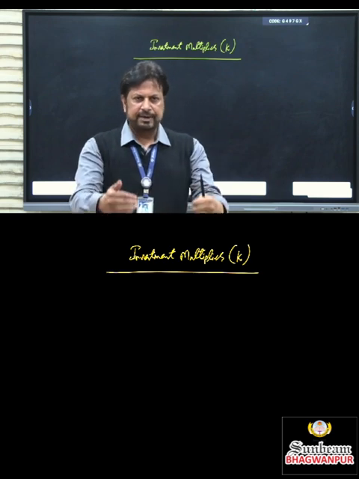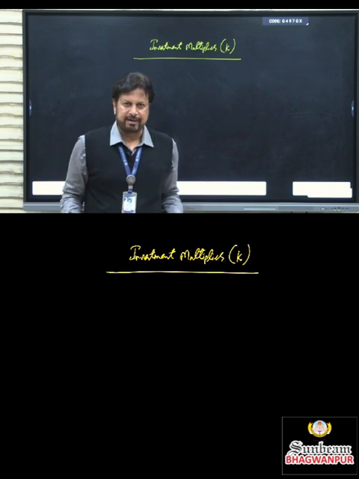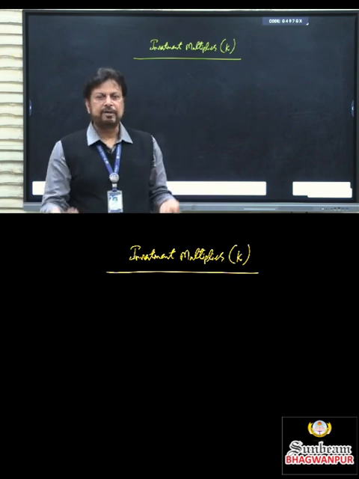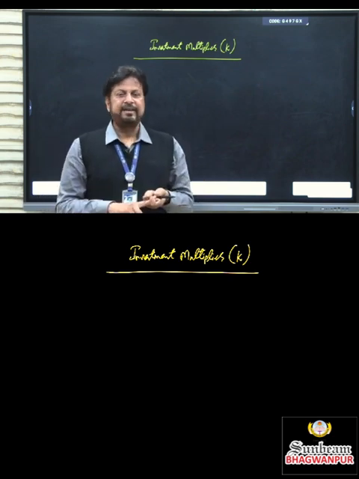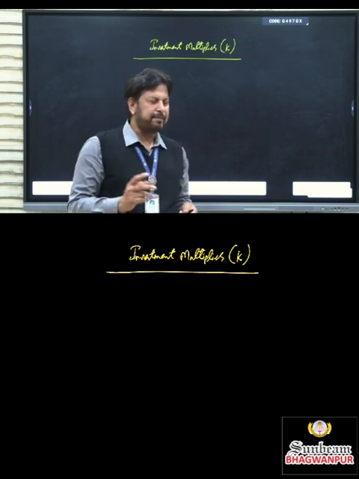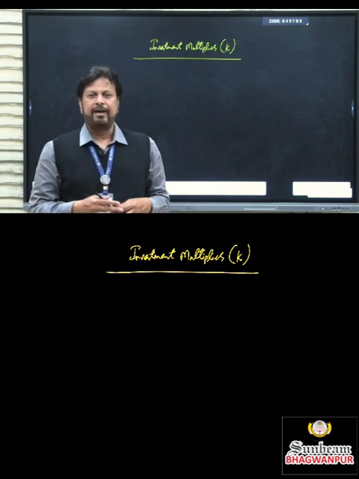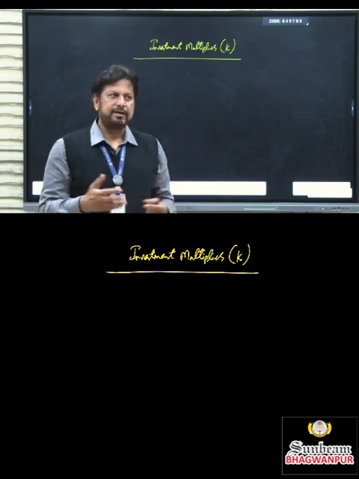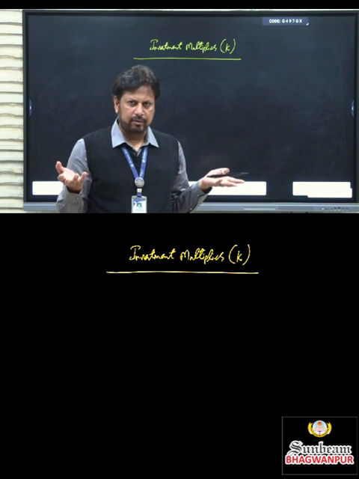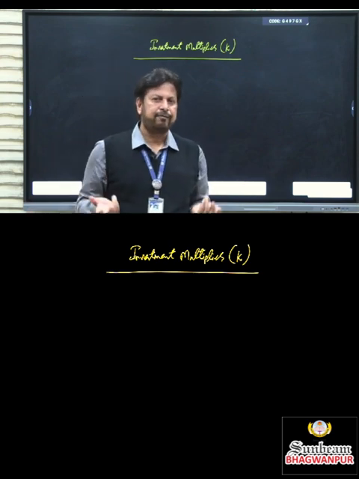What does it mean? If you are investing, national income is going to rise surely, there is no doubt about that. But most of the time, the rise in national income is more than the rise in investment. For example, if there is an investment of 100 crore in the economy, in response to that, national income is rising by 400 crore. So a 100 crore investment is increasing national income by 400.